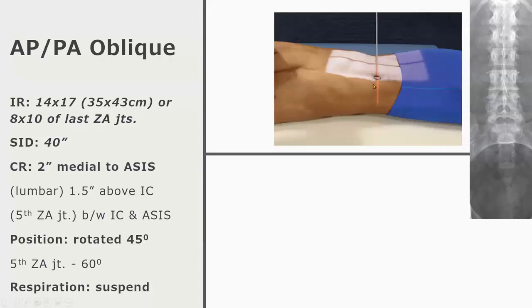Doesn't the crest align with the umbilicus? Should. For most patients, they should be up here, 1.5 inches above. And 2 inches medial, here's the ASIS, 2 inches medial to the ASIS, along that line. So centering should be more about here, I would say.